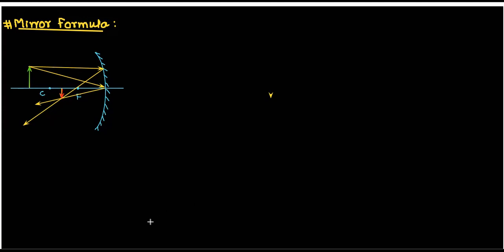Okay, or else shall we take the white one? Can you see properly? Okay, like this. Better, this is better, I think. Okay, this is the object and this is the image.